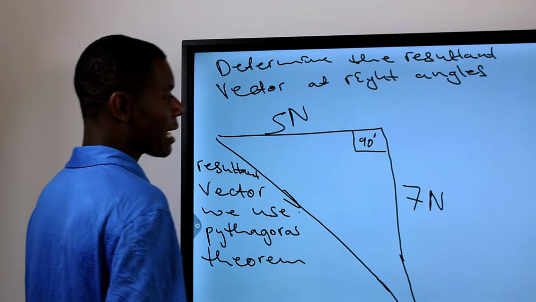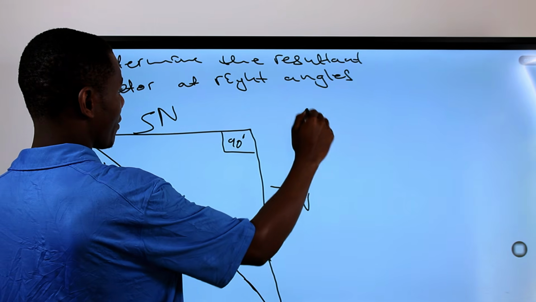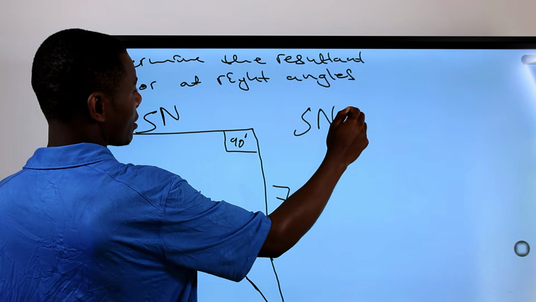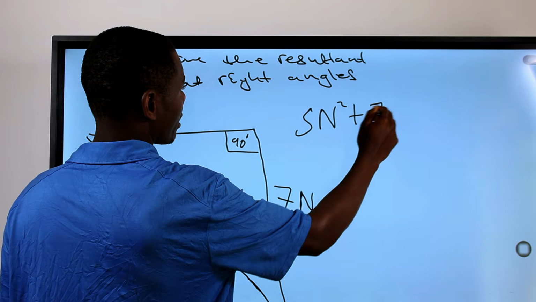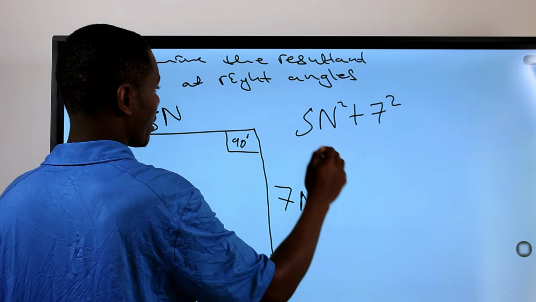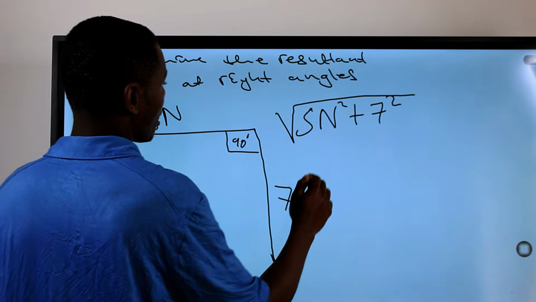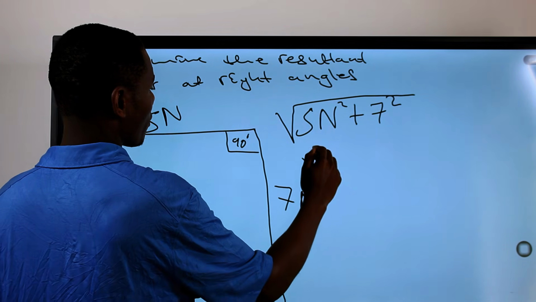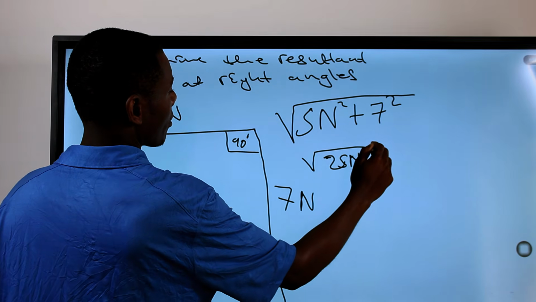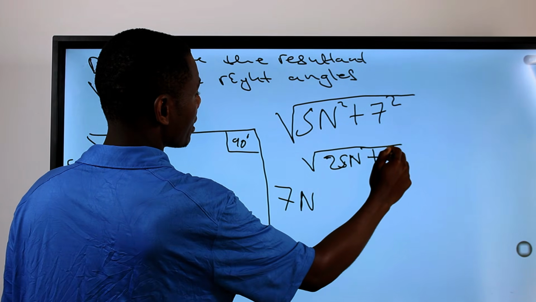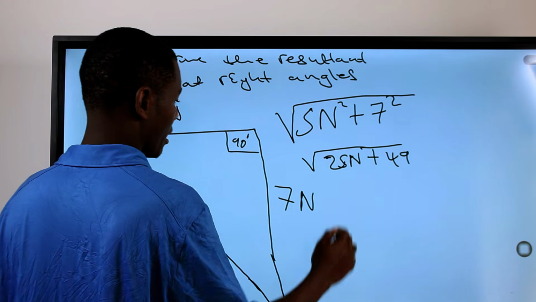So how do we apply our Pythagoras theorem? We say the square root of 5 newton squared plus 7 newton squared. So 5 squared is 25 plus 7 squared is 49.